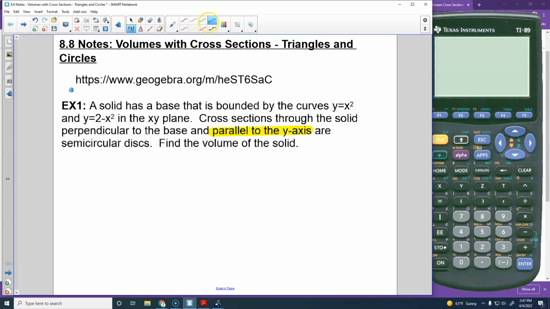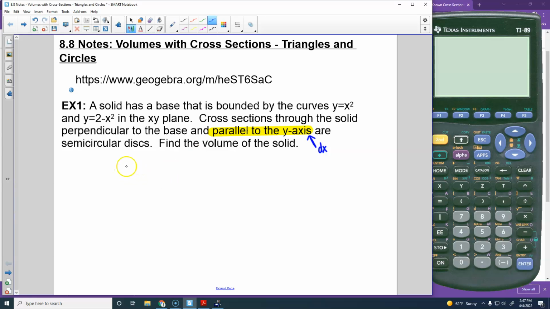That's dx. And they are semicircular discs. It doesn't specify which quadrant it's in, so do not assume it's in Q1. This one is going to be in the first and second quadrants.